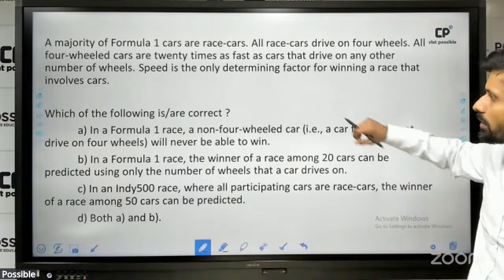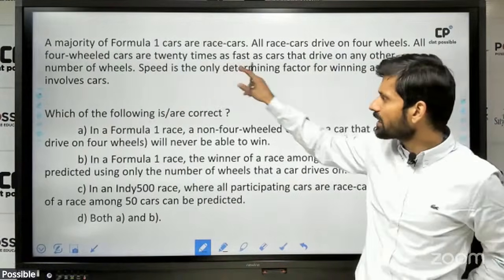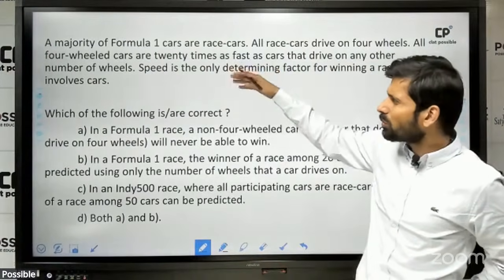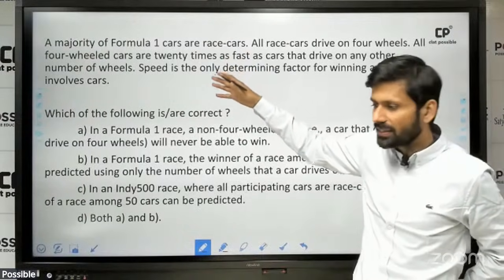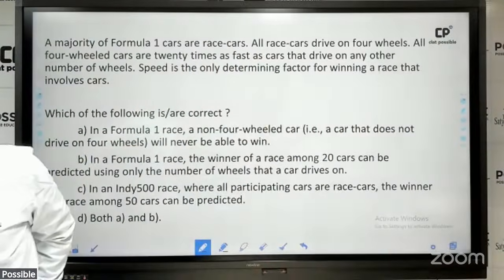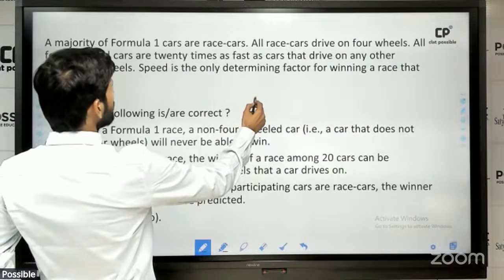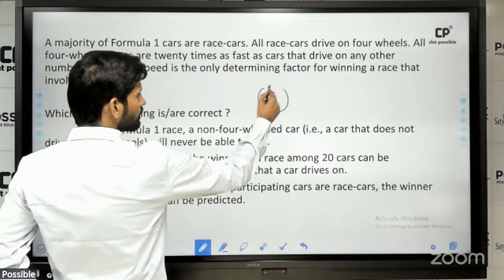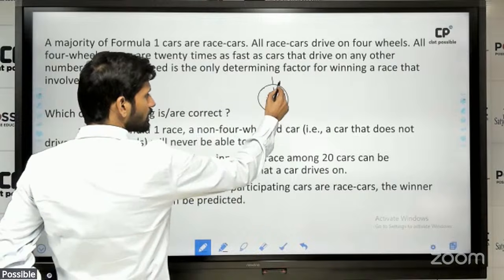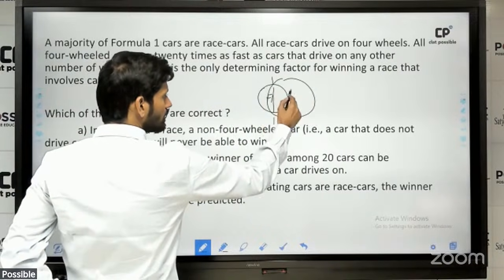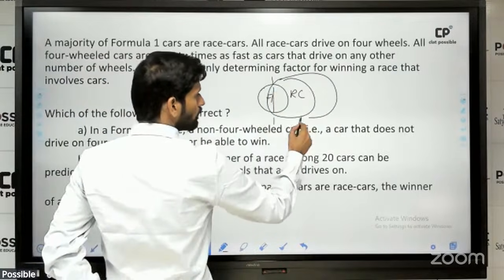So now let's go over the statements. So it says all four-wheeled cars are 20 times as fast. So maybe what I'll do is we'll quickly convert this into a Venn diagram, right? That makes the question somewhat easier to manage. So we are given a majority of F1 cars are race cars. F1 का majority. So there is a middle line and a majority of them are race cars. And then it says all race cars are four-wheel cars.